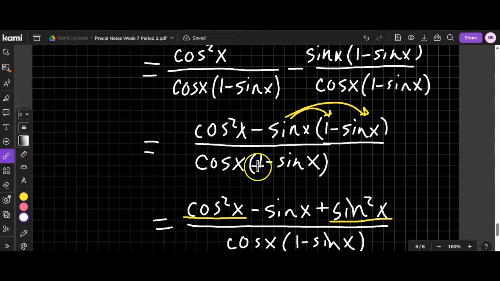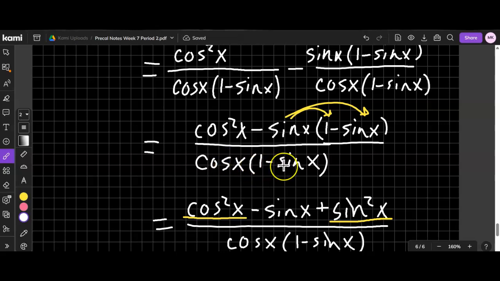Notice, I never multiplied the bottom together. Why? Because I didn't see any patterns with cosine of x times 1 minus sine of x. This doesn't have a second power. So I wasn't paying attention or thinking about trying to get a Pythagorean identity on bottom. So I left those separate because it's easier to work with those factors than it is to work with those terms.